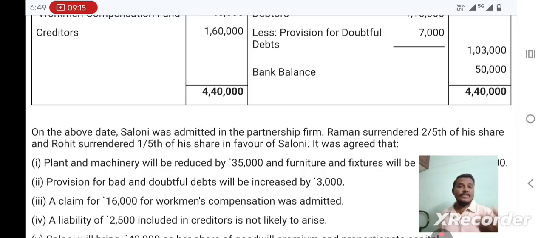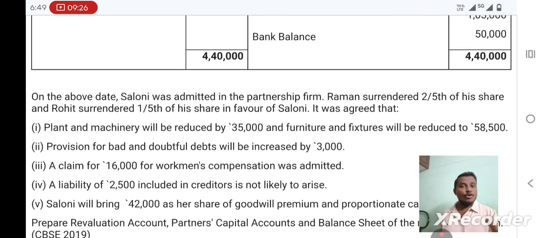Same way Rohit is surrendering 1/3 into 1/5, which is 1/15. So Saloni will get 4/15 plus 1/15, equal to 5/15. That will be the new profit sharing ratio for Saloni, and 4/15 and 1/15 is the sacrificing ratio for Raman and Rohit.